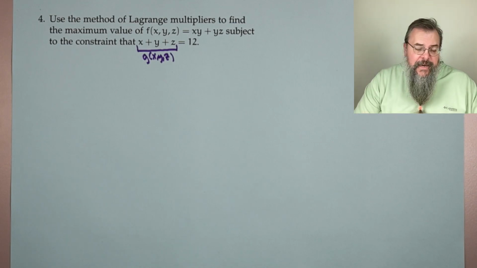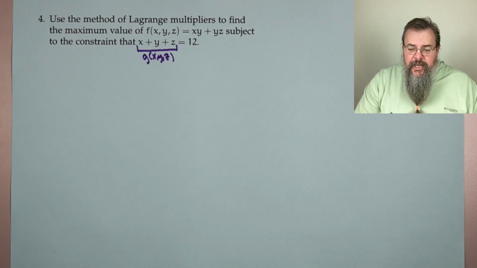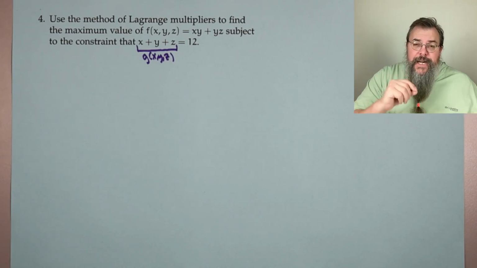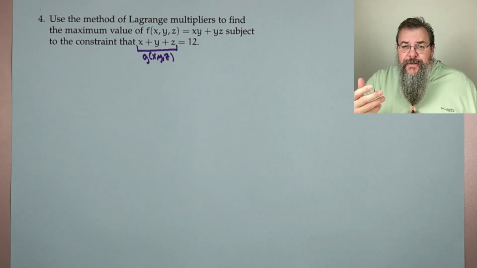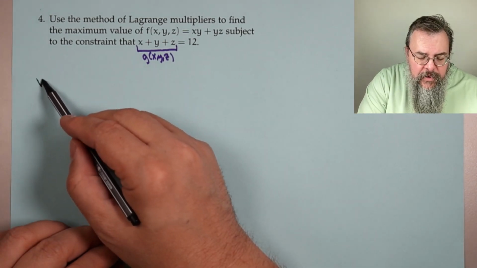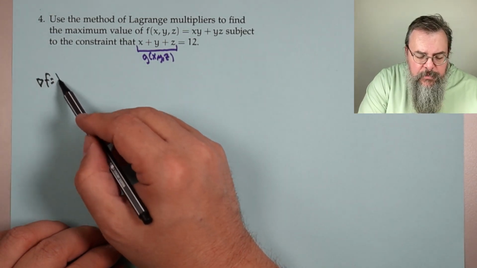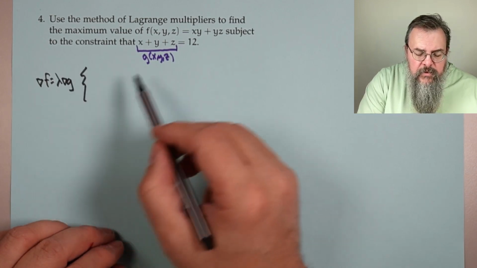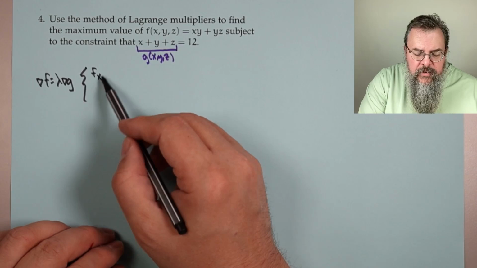Now that we have that, we have our basic formula, namely that the gradient of f is parallel to the gradient of g. So we say that gives us gradient of f equals some multiple of gradient of g, and we're off to the races. So this will give us three formulas.